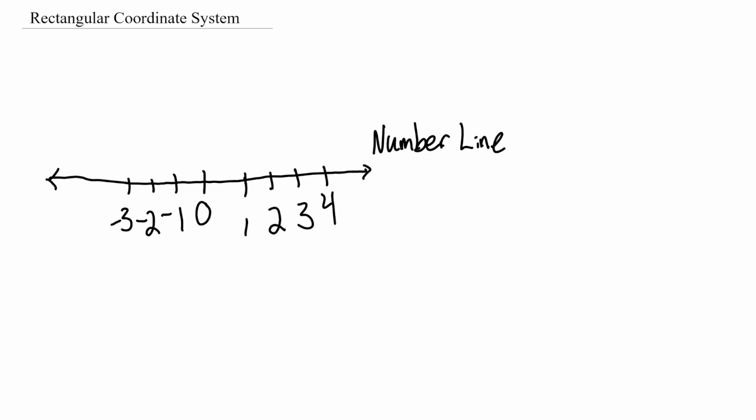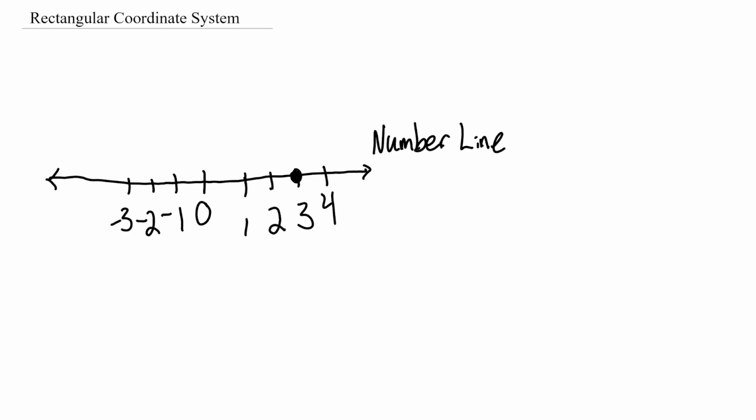And then we understand that there's numbers in between these as well, right? Like we can have 2.5, maybe we have 3.2, something like that. And to represent where a number is, to plot a number, we would put a dot there. So if we wanted to represent the number 3, we would put a dot right at the tick mark that corresponds to 3.